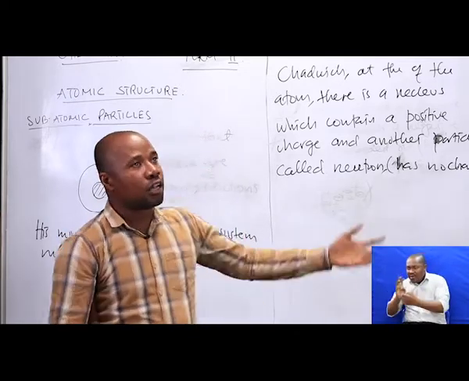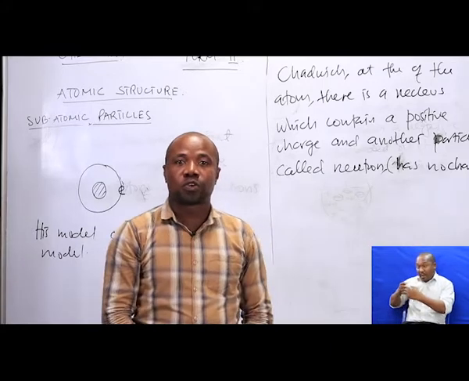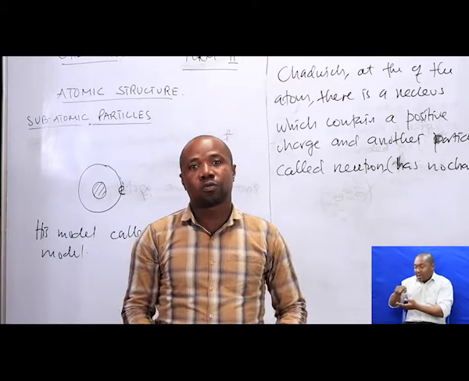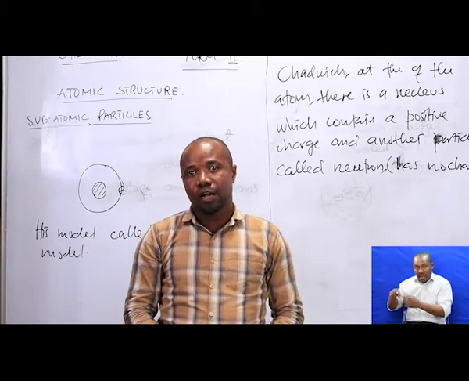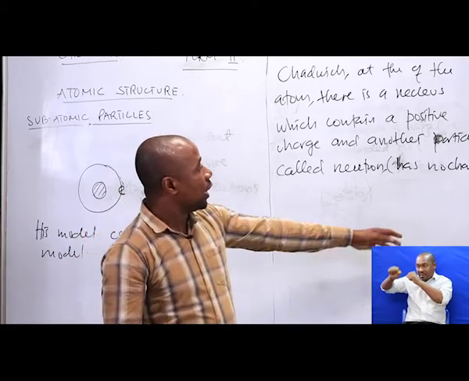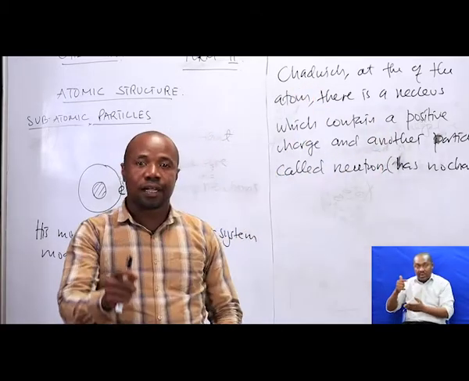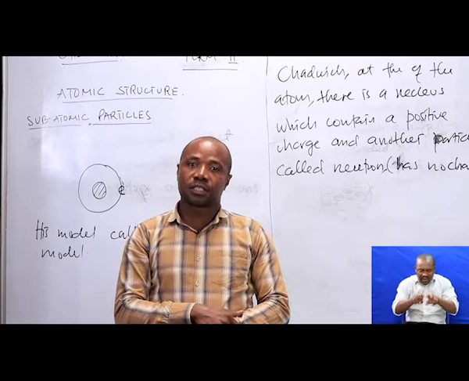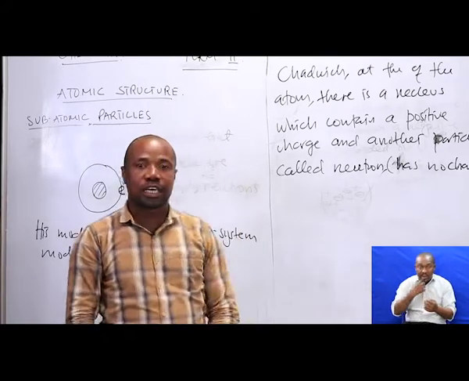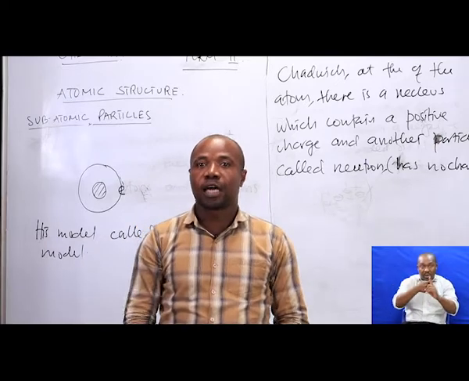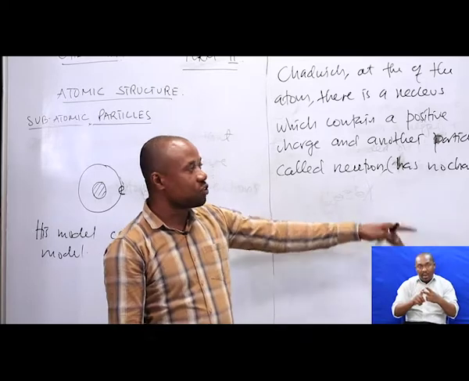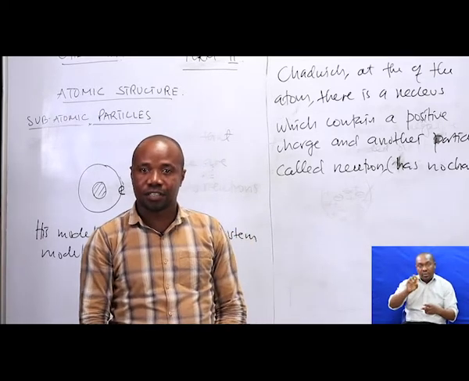He said the whole mass of the atom was concentrated at the center, and that was the proton, and the electron was just revolving through the orbit. And Chadwick investigated the nucleus. They saw that the nucleus contains a positive charge, which is a proton, and a neutral particle, which is a neutron. Am I clear, my student?